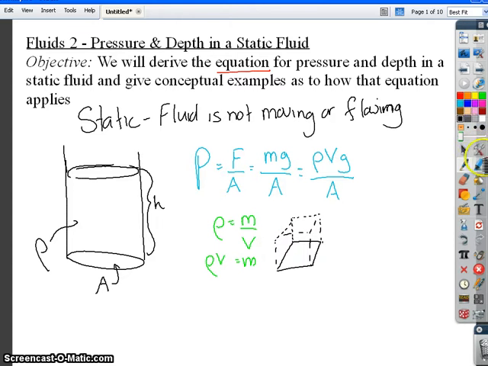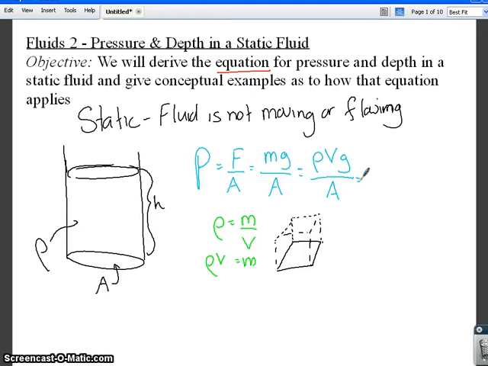So volume can further be broken down into area times the height. Just like area is 2D, and volume is 3D.